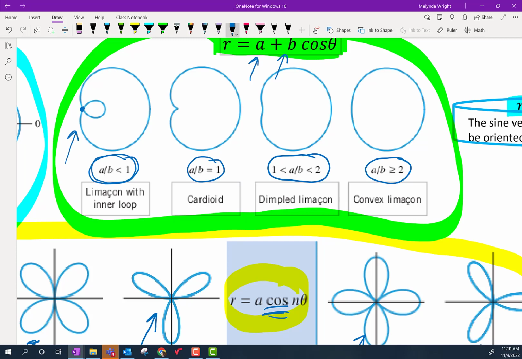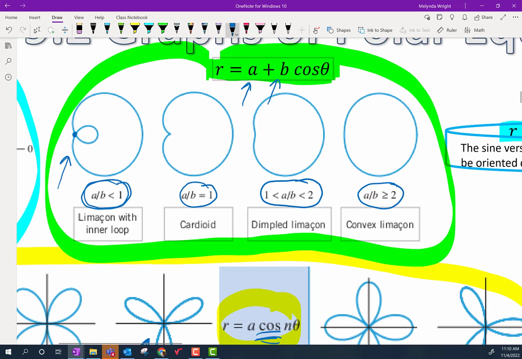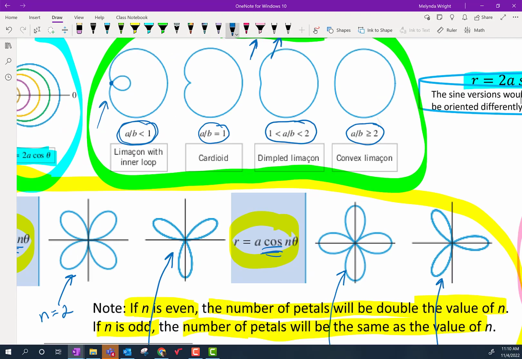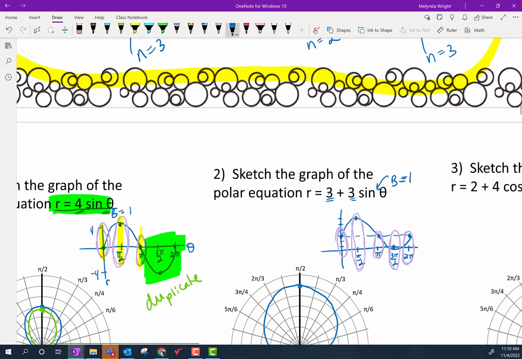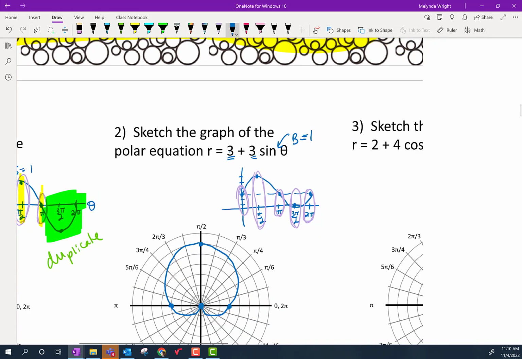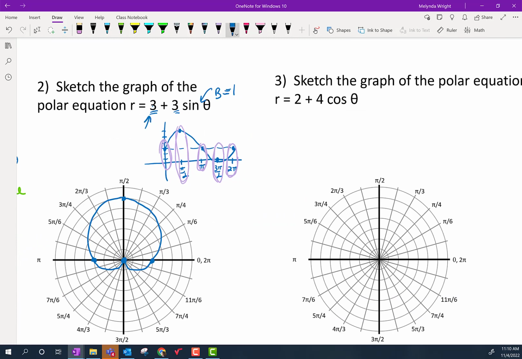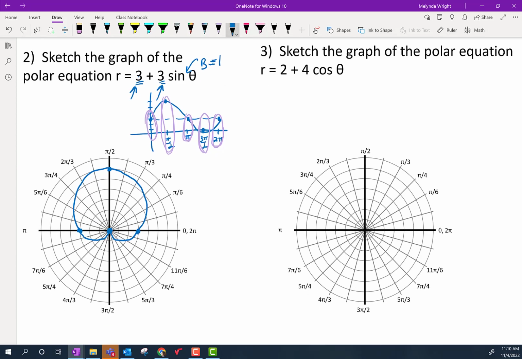So let's see, how do we know that this is one of those? Well, the A and the B are what tell us. I want you to look at the A and the B. Let's compare these two A's and B's. So notice how this A and this B are the same numbers. They're equal. Okay, so let's just make note. I just want you to notice patterns. Notice how this A is smaller.